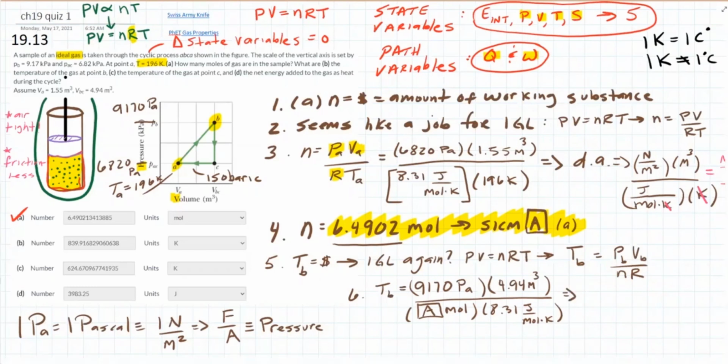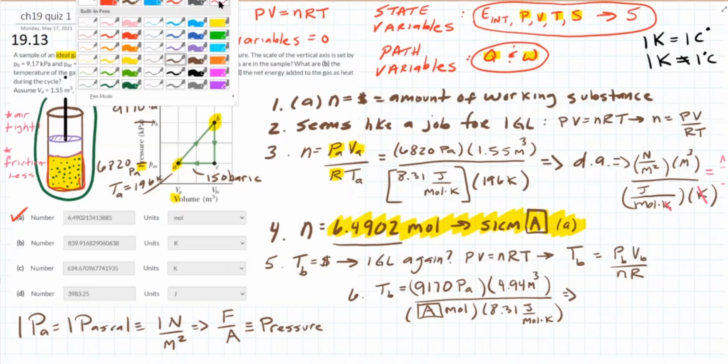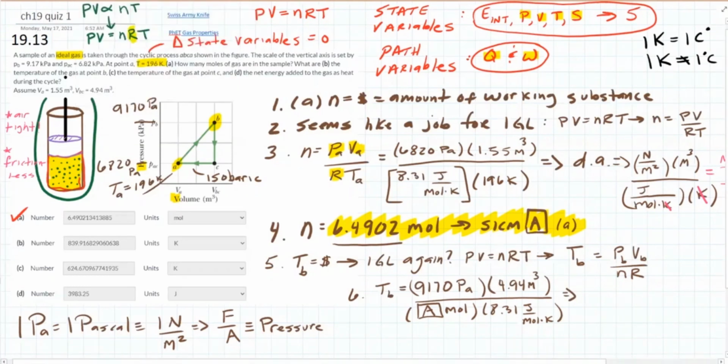It would be a mistake for you not to do dimensional analysis first. All right, so I know a Pascal is a Newton per square meter. I know I'm multiplying that by cubic meters. That's my upstairs. My downstairs is moles times joules per mole Kelvin.